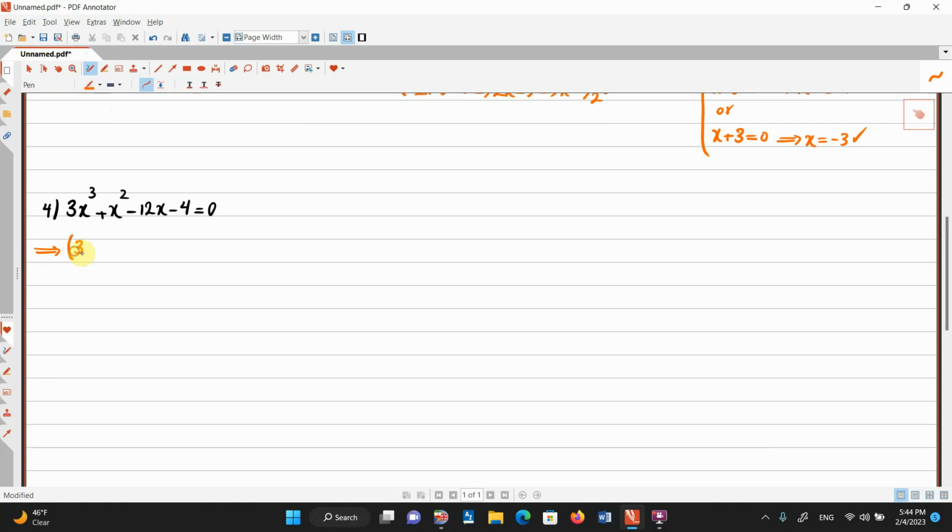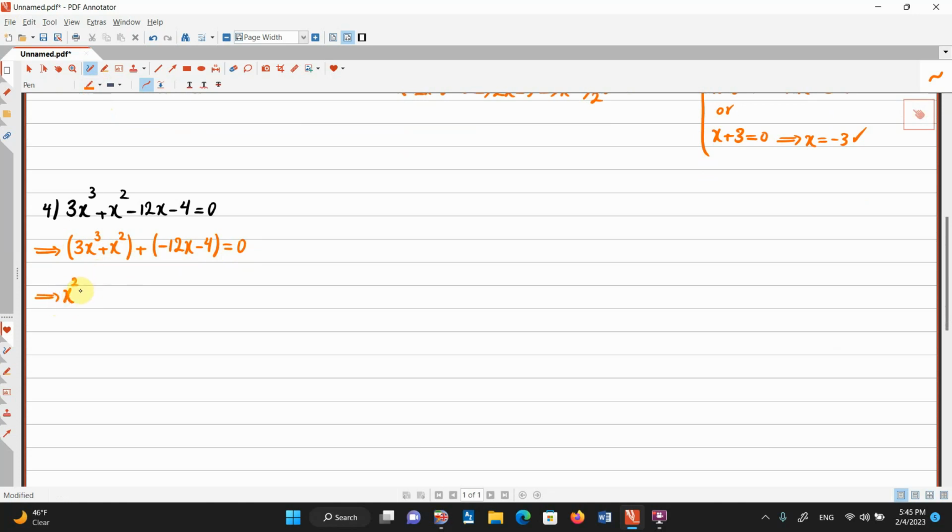I'm going to group them 2 by 2: 3x cubed plus x squared inside the first group, plus the second group will be negative 12x minus 4. Now, if you look at the first group, you can see x squared is in common.